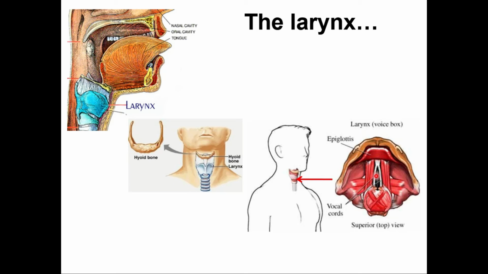As we can see here, the white lines describe the vocal cords that participate in voice production. The laryngeal inlet is closed by the epiglottis during swallowing to prevent food or liquid from entering the lower respiratory tract. The epiglottis lies here.